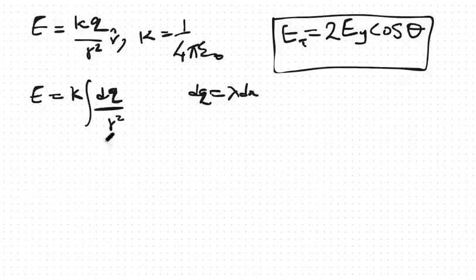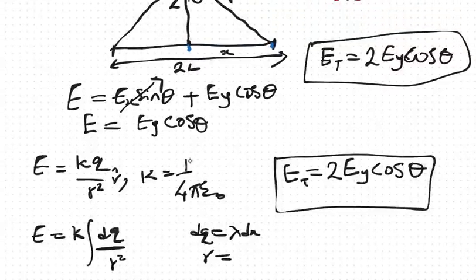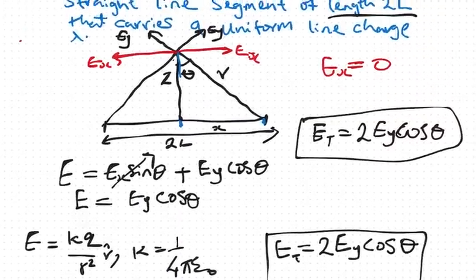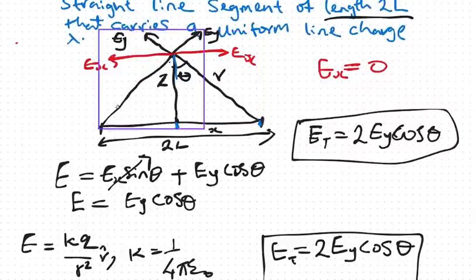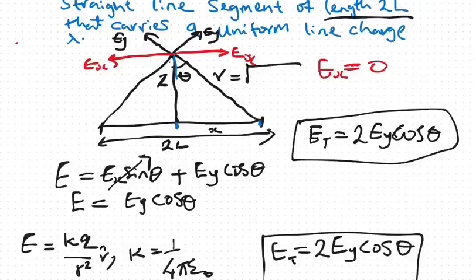And R as well, from the triangle we can say, here is R. Using the Pythagoras theorem, R is the square root of z squared plus x squared, right?